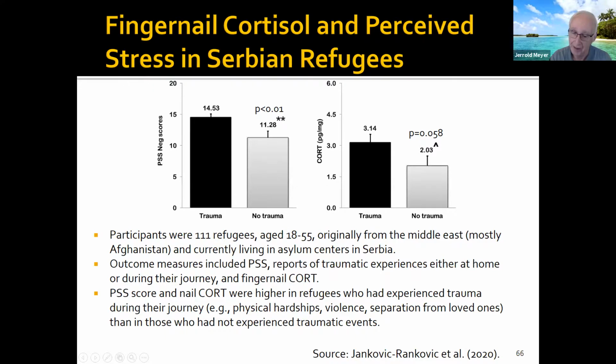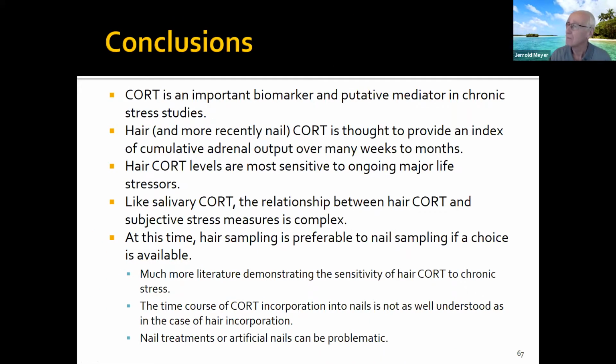So finally, some conclusions. I'm not going to read all this. You can read it. It's pretty much summarizing what we've said. Hair treatments can be problematic, as we've talked about. Nails have problems too.